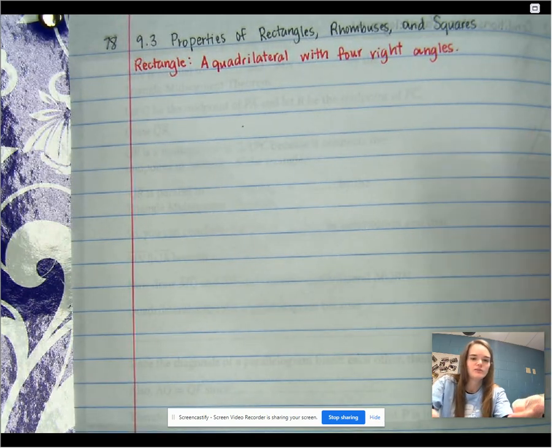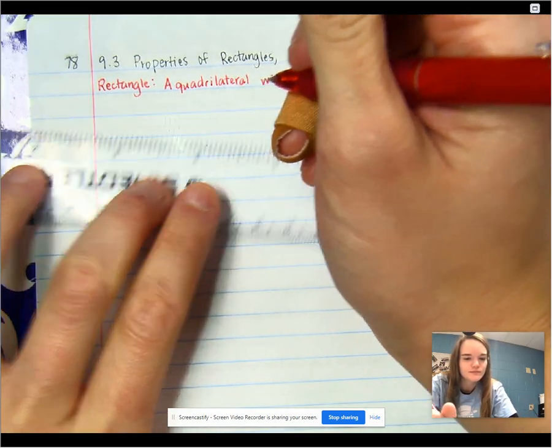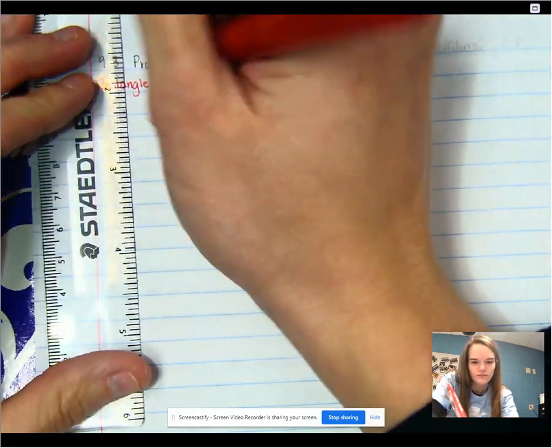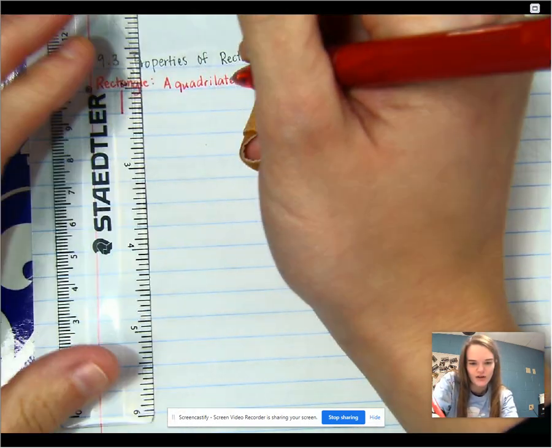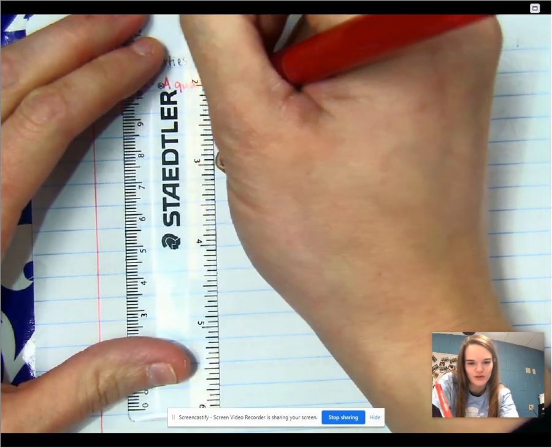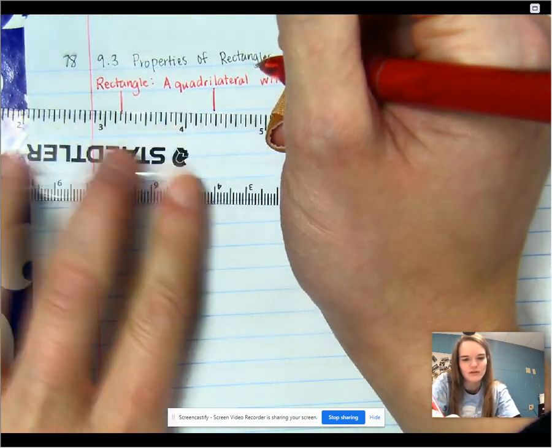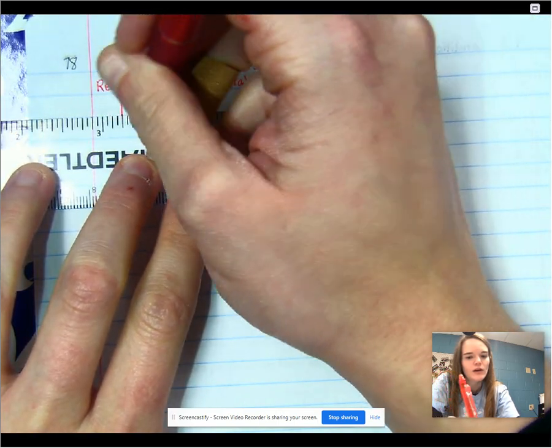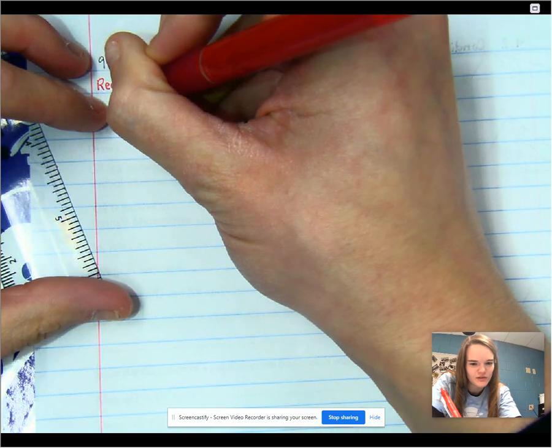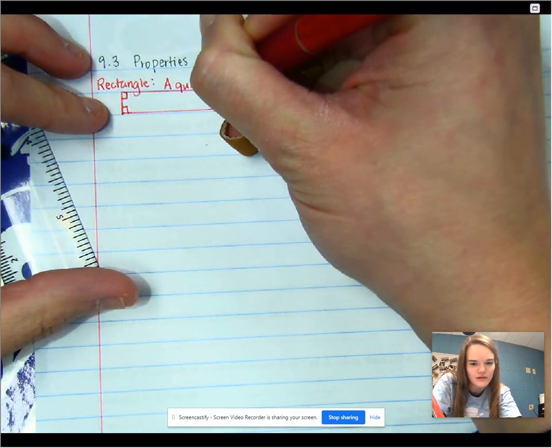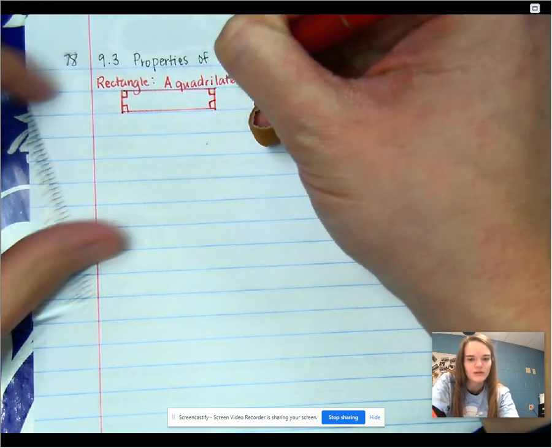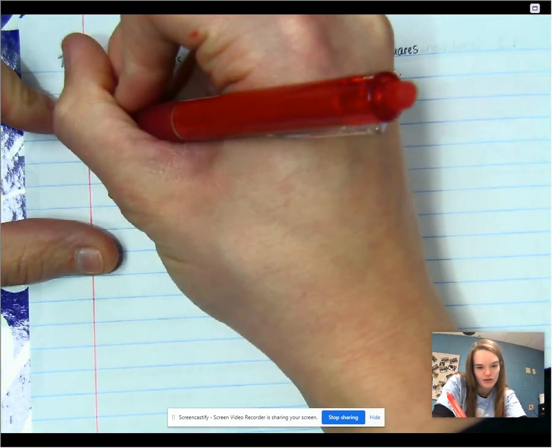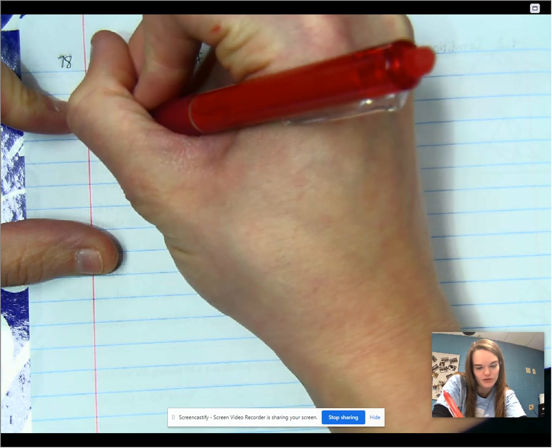Just draw a rectangle. We don't have a lot of room, so we're just going to take up one line to draw a rectangle here. Like I said, I know you know what a rectangle is. Okay. Rectangle. It also has certain properties. So here are the properties of a rectangle.